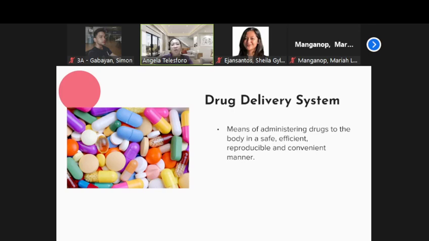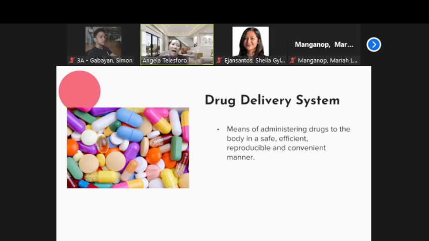What about drug delivery system? So, when we speak of drug delivery system, we refer to it as the way by which we give drugs to the patient. So, sa paanong paraan natin siya ibibigay sa pasyente. So, that's delivery. How do we deliver the drug? So, we have to consider always that we have to deliver the drug in a safe, efficient, reproducible, and convenient manner.